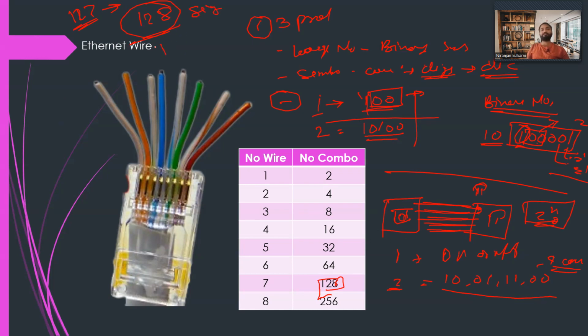With 7 wires, I can send a communication like this one: 3, 2, 4, 6, 7. This type of binary representation, you can imagine, is like 7 bulbs. Some are on, some are off. If we use all the permutations and combinations, we can communicate 128 different types of signals.